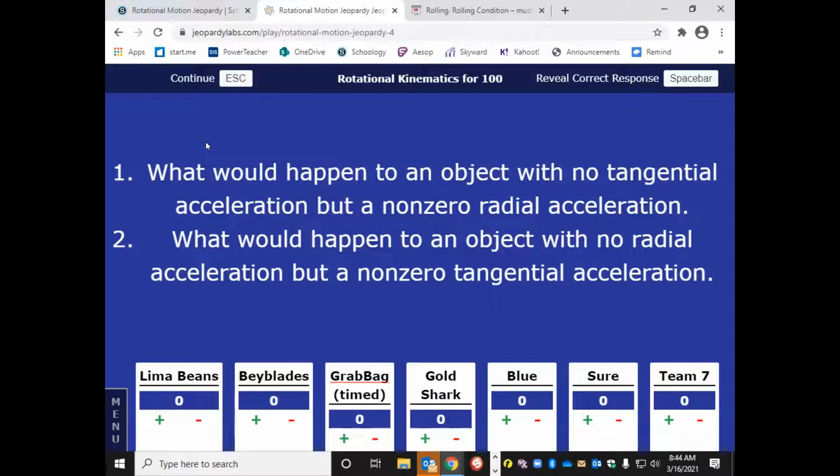What would happen to an object with no radial acceleration, but a non-zero tangential acceleration?